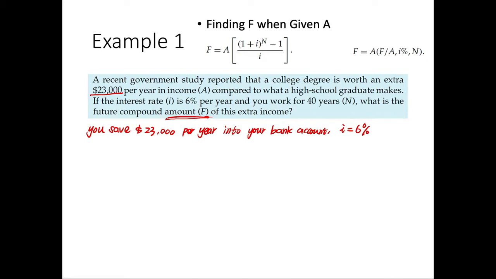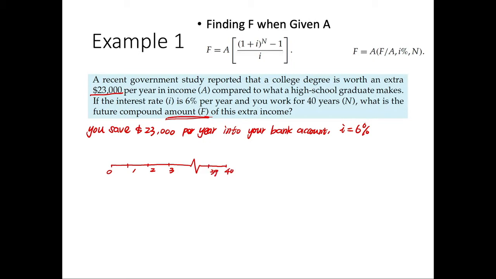Okay? So let's draw this diagram. You have your timeline starting at 0, 1, 2, 3, and then because it's so many years, I would just represent the years in between like that, and then you got 40, and before 40 you got 39. This is just a way to make it shorter, okay?